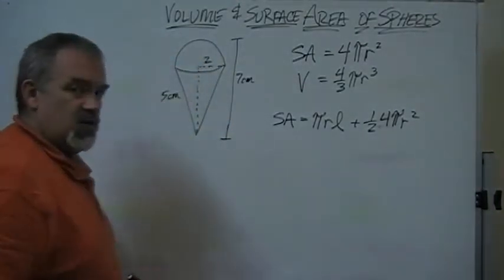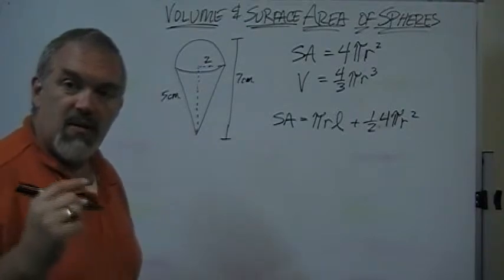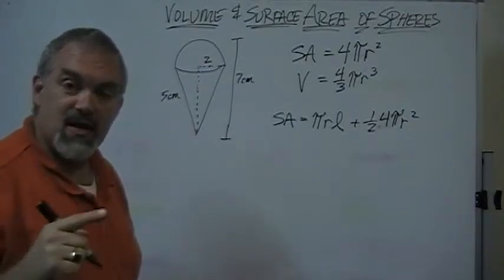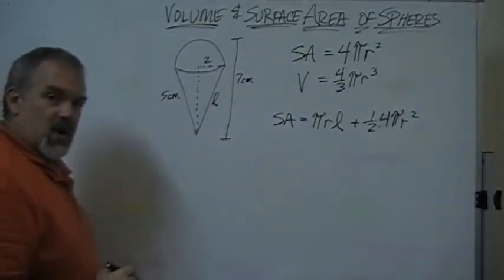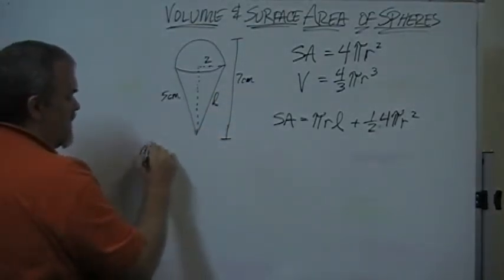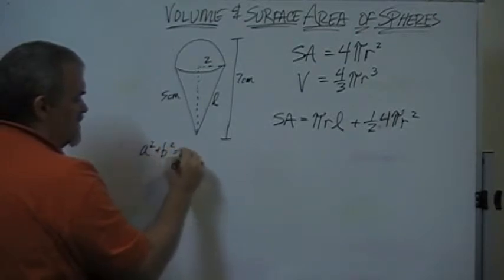We'll call that 2. And you should be able to use Pythagoras' theorem to figure out what L is. Because we know from Pythagoras' theorem, a squared plus b squared equals c squared.